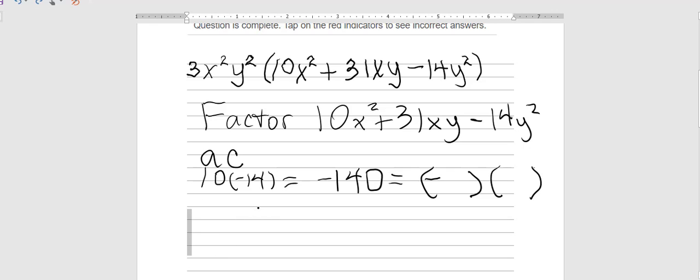So the two integers have to multiply to give a negative 140, and they have to add to give 31. Same two integers have to add to give 31.